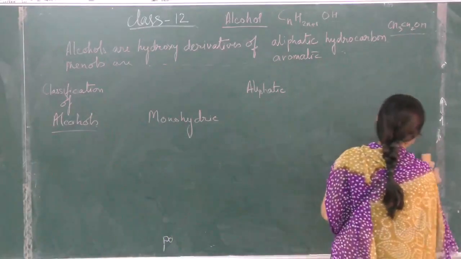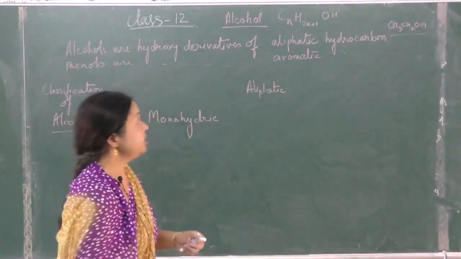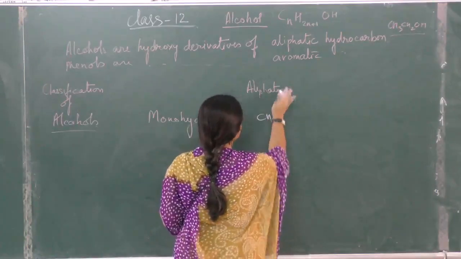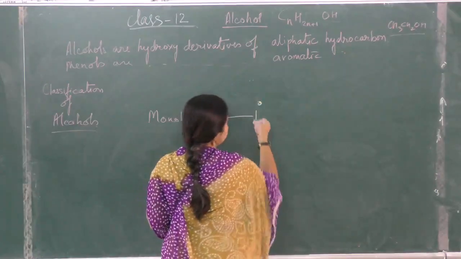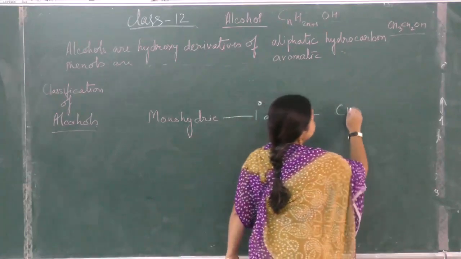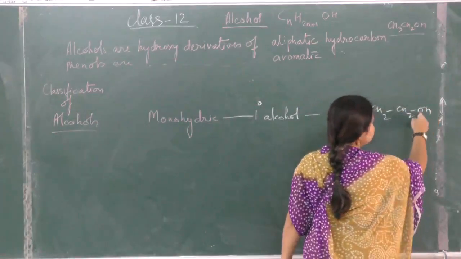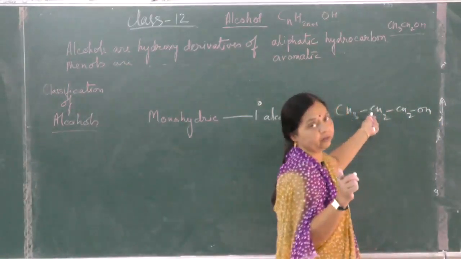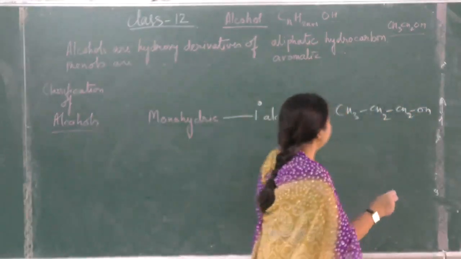If the OH group is connected to a primary carbon, then it is called a primary alcohol, like CH3CH2CH2OH. It means the hydroxy group is directly connected to a carbon which is connected to one carbon only. That is, it is a primary carbon atom. So it is a primary alcohol.